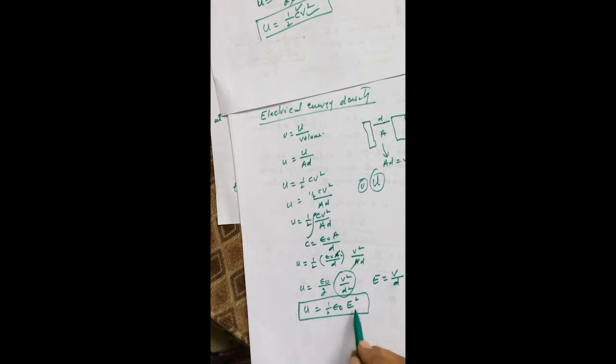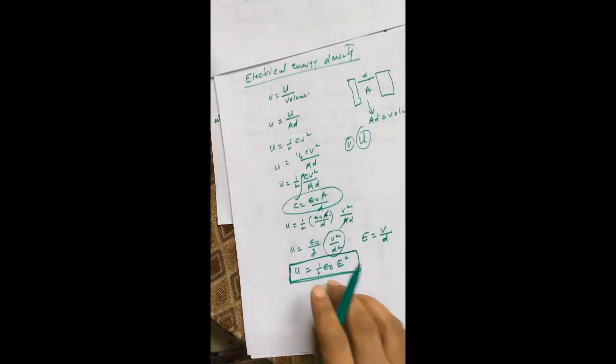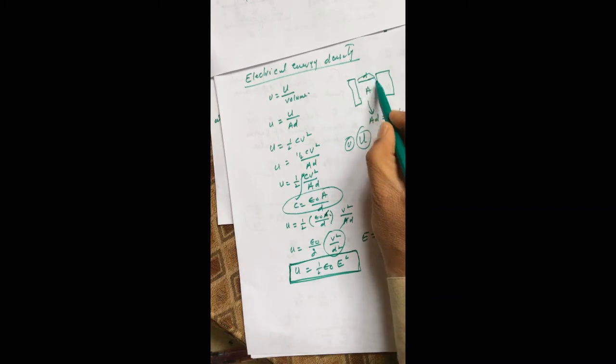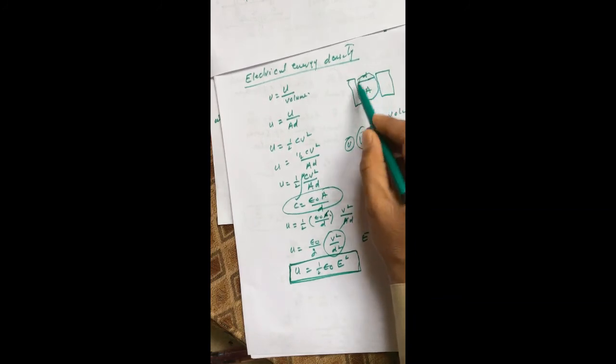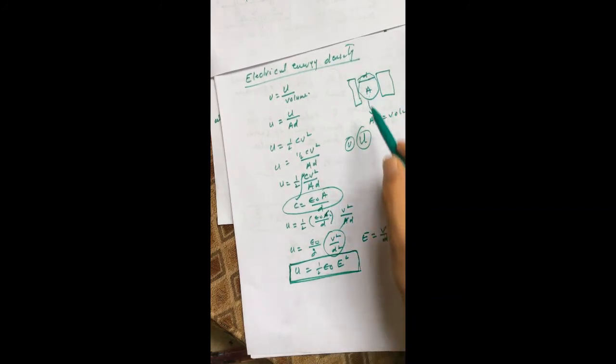Now we derived this relation for a specific case by using a parallel plate capacitor, but this result also holds for any kind of capacitor, whether it is a cylindrical capacitor, a parallel plate capacitor, or a spherical capacitor. And we also assume that the medium between the plates, or between the cylinders, or between the spheres is air.